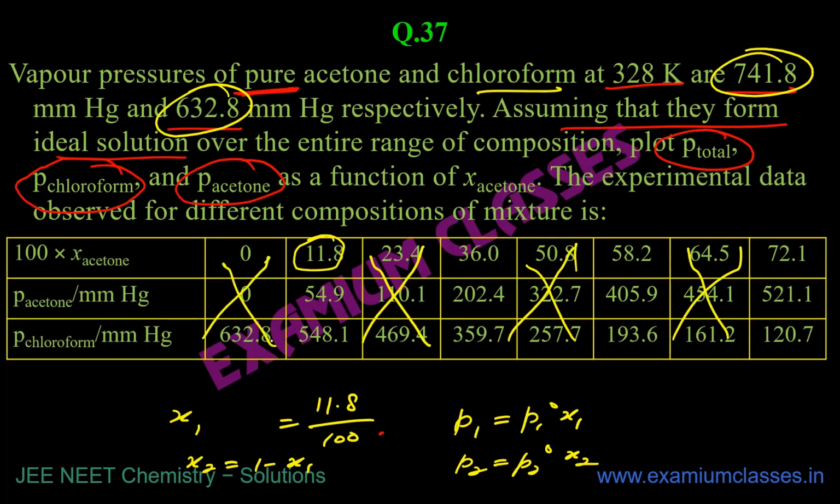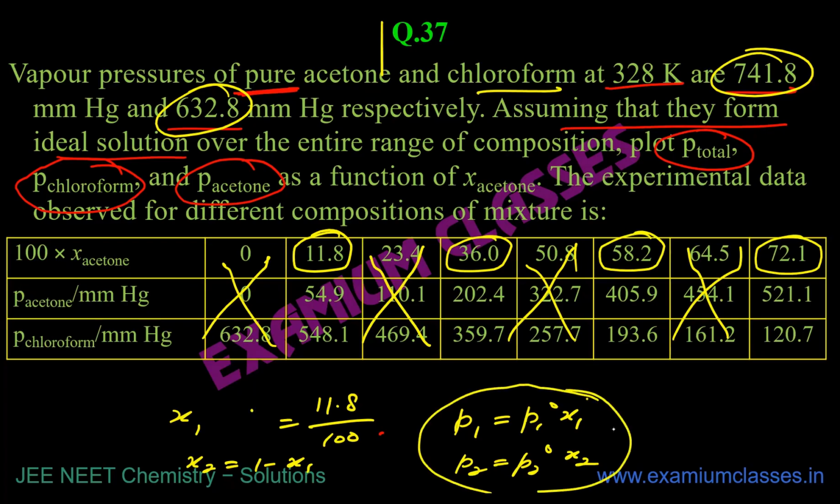You will plot only these 4 remaining ones. If you want to note down these values which you have to plot: 11.8, 36, 58.2, 72.1. So this question is there. You have to do it in the assignment, but you don't need to do the entire values. Go through the notes if you want to understand that graph which I mentioned.